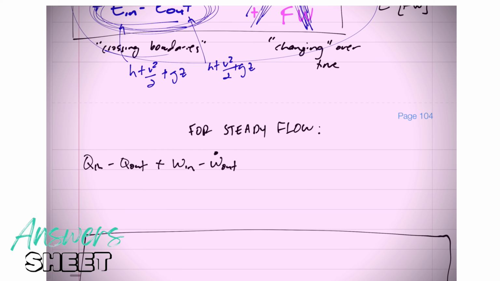If we want these as power, as per unit time, then this E here would be m dot theta in minus m dot theta out equals 0. And aren't you glad that the right-hand side of our equation is 0, so we don't have to worry about the change in time. We're going to get to unsteady flow later, but right now, that right-hand side of our equation is 0.